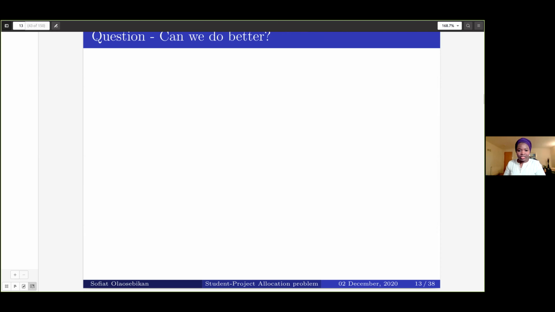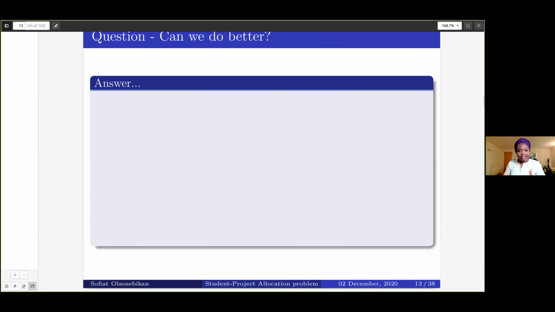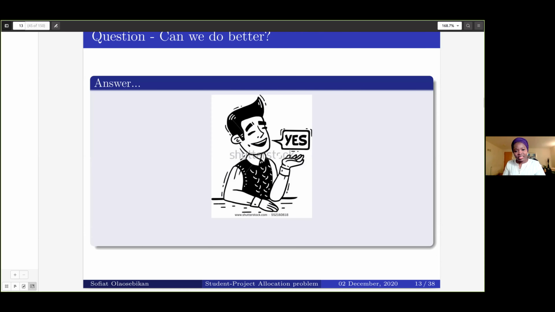Now the natural question is, can we do better? What can we do to make sure that we're able to find an optimal matching in practice? And the answer is yes. A technique we can use is known as integer programming. And even though IP problems are NP hard, in theory integer programming is NP complete, I think.